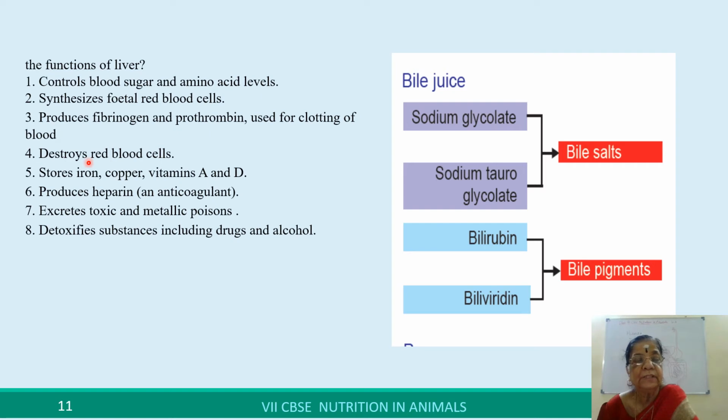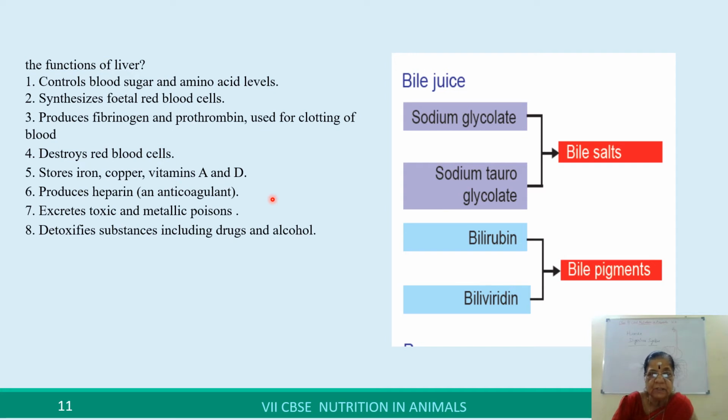And normally RBCs are destroyed in the liver, and it stores iron, copper, and vitamins A and D, and it produces heparin, an anticoagulant. Heparin is a substance present in the blood. It is produced by the liver and acts as an anticoagulant.